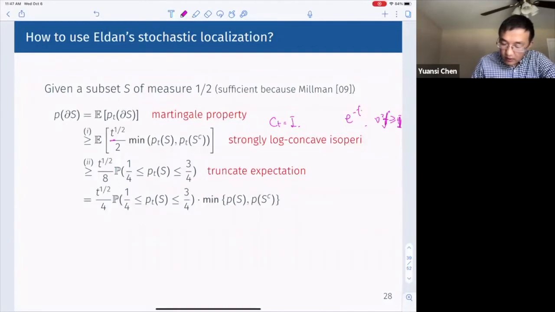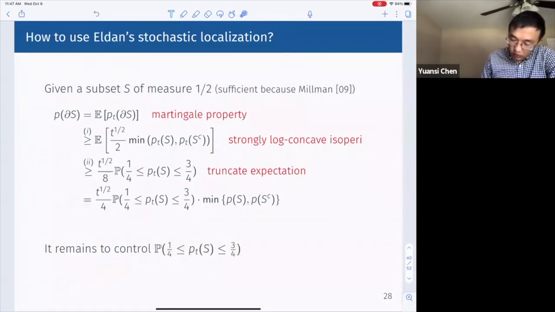Okay, then to relate back to p(S) and p(S complement), these are just 1/2 and 1/2, right? So you just need to make sure that p_t(S) is always close to 1/2. It's not going to 0 or going to 1. And what you end up with is that you need to control the probability of p_t(S) being between 1/4 and 3/4.